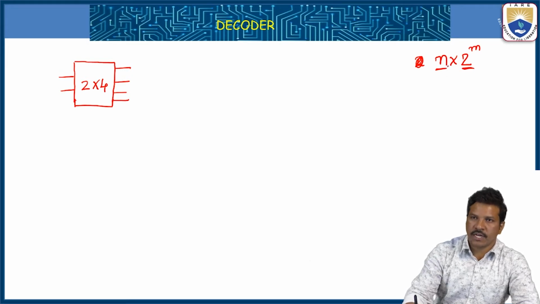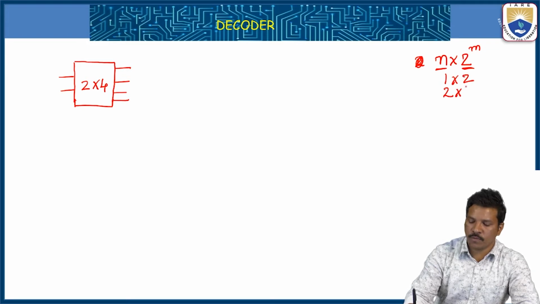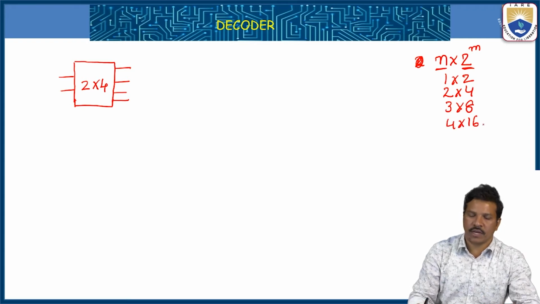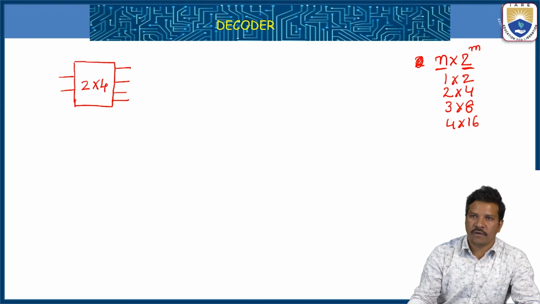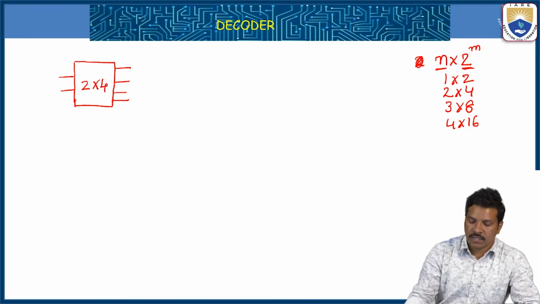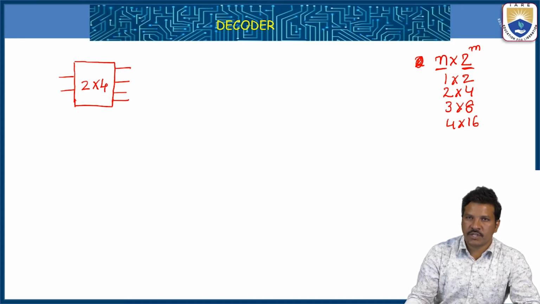You can substitute n equal to 1, and you will get a 1 by 2 decoder. If n is equal to 2, a 2 by 4 decoder; 3, a 3 to 8 decoder; 4, a 4 to 16 decoder. Likewise, we can have many different types of decoders. The main purpose of the decoder is to convert n inputs to 2 power n combinations of outputs.